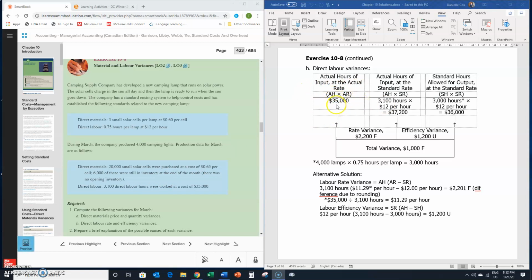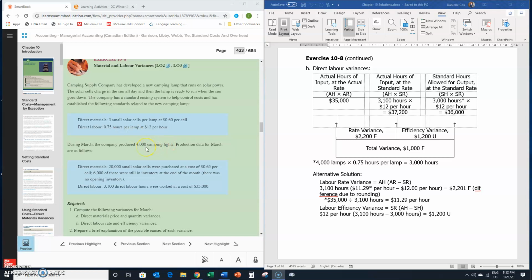So 35,000. Actual hours times standard rate. So actual hours 3,100. Standard rate is up here, $12 per hour. So that's 37,200. Or standard hours times standard rate. Standard hours. Again, we're not given the standard hours, but we're given how much per each lamp.